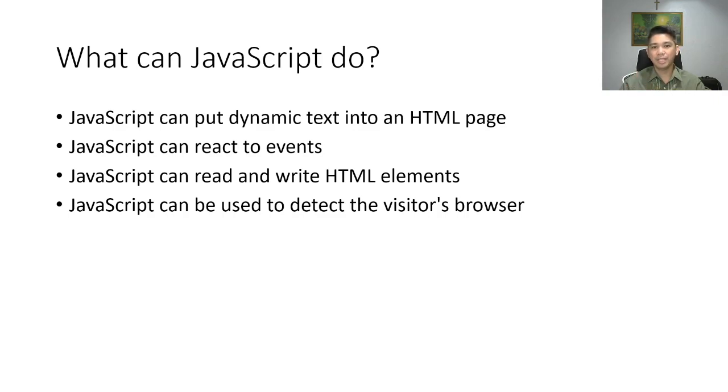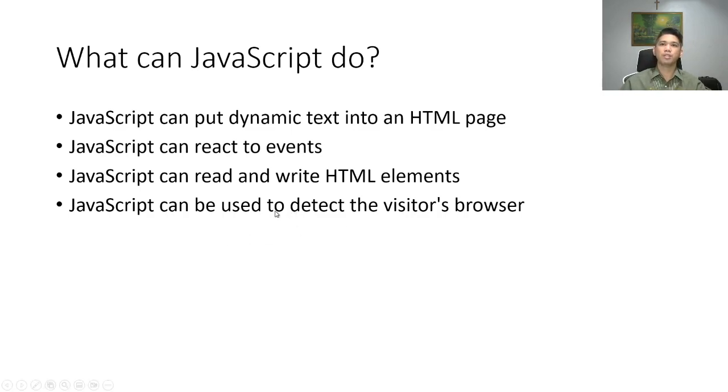JavaScript can also read and write HTML elements, just like what I showed you earlier, wherein a paragraph tag was changed into a different form. JavaScript can also be used to detect the visitor's browser by reading the browser's cookies, if you are familiar with cookies. So those are some of the things JavaScript can do.